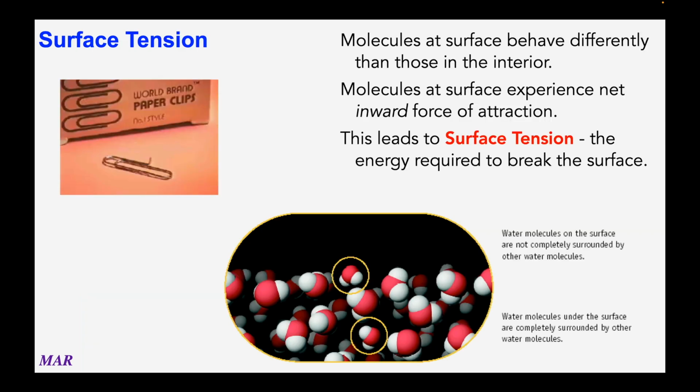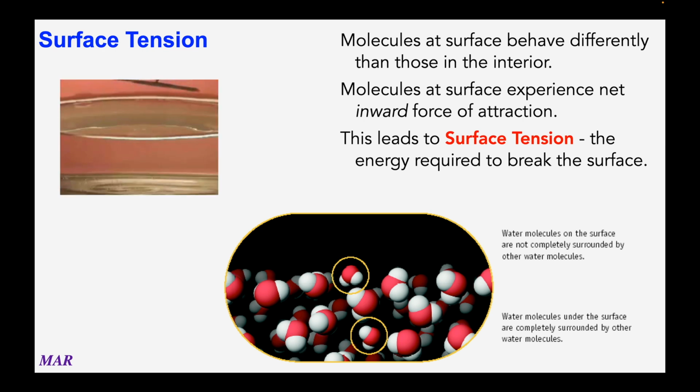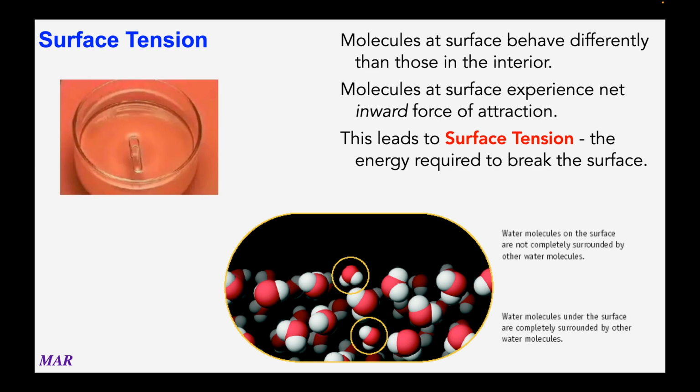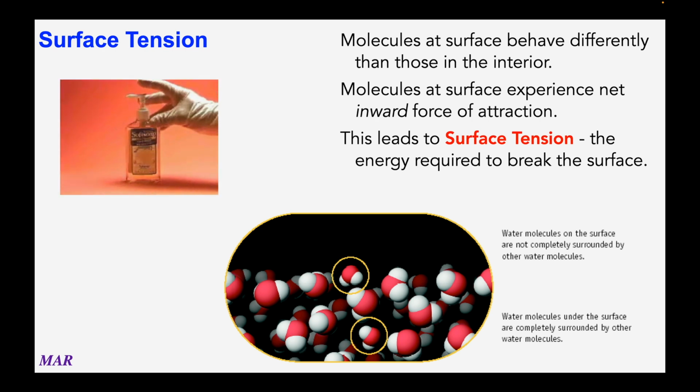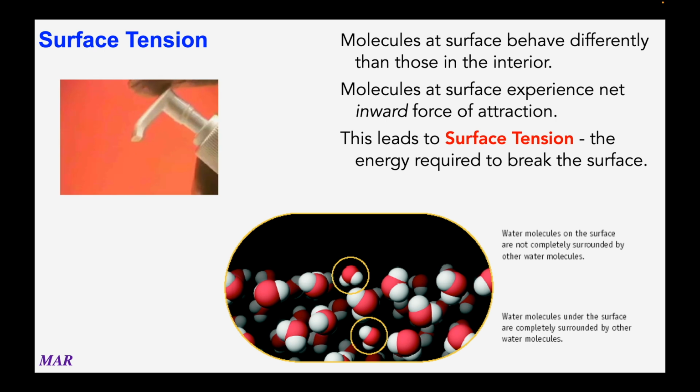A paperclip is placed carefully in water, or rather on it. The metal clip floats because it isn't heavy enough to break the water's surface tension. By adding a small amount of soap, we reduce the water's surface tension.